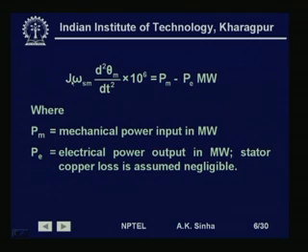So, we write J omega sm into d2 theta m by dt2 into 10 to the power minus 6, because we want to write this expression in terms of megawatts, is equal to Pm minus P in megawatt.